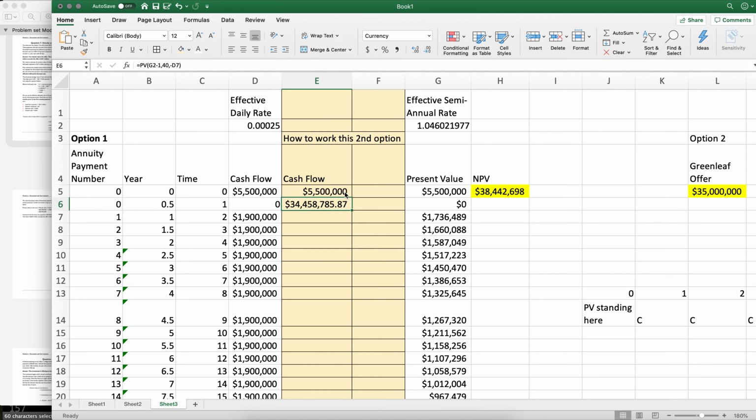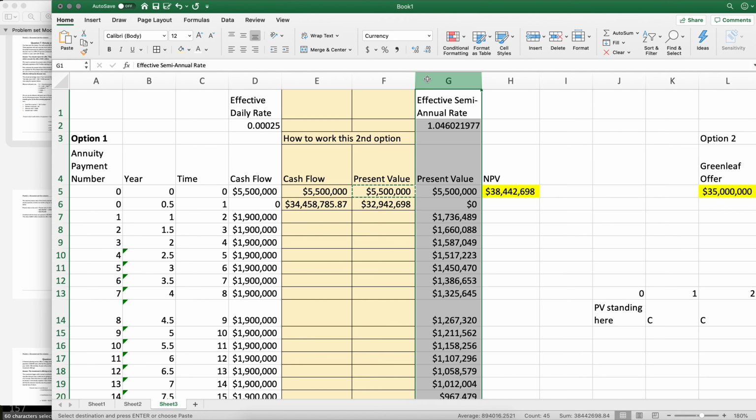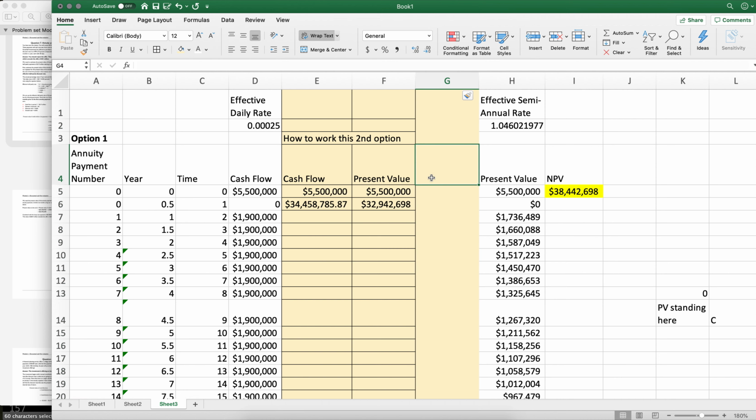So you have an annuity whose present value at time 1 is 34 and change, and then you have a cash flow that's here. We take the present value of the cash flow, just like we did on the other one, to the power of 0. And then if we get the NPV, which is just equals that plus that, we got the same thing.